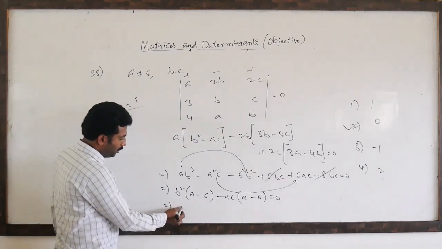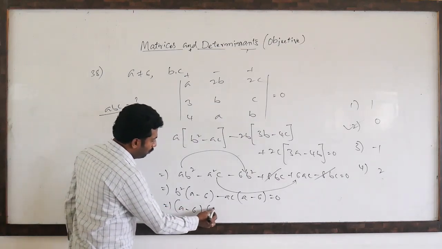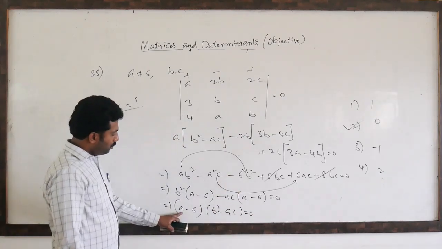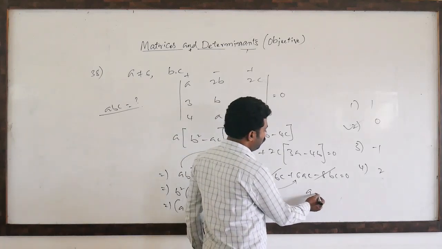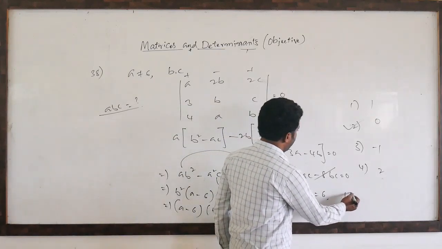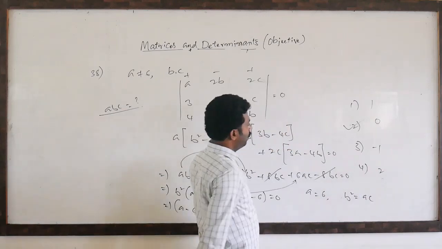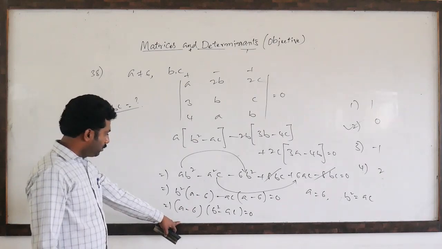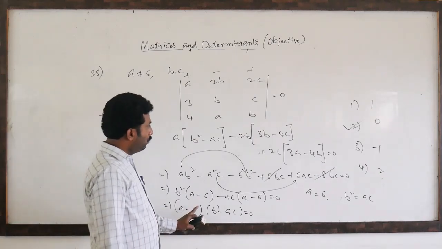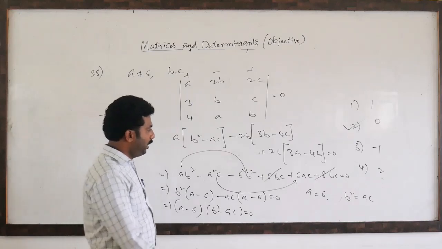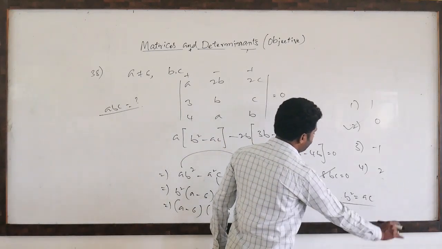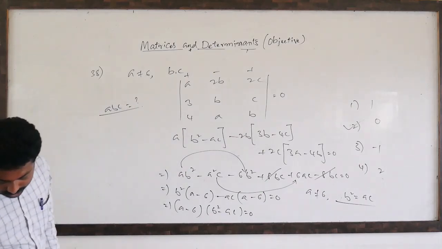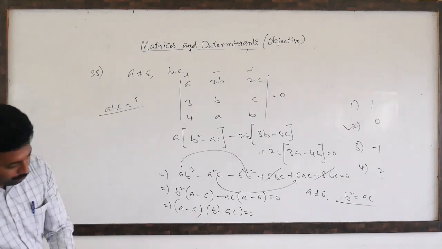So from this, a minus 6 into b square minus ac equal to 0. So either a equal to 6 or b square equal to ac. So finally, a is not equal to 6, which means b square must be ac. So b square must be ac, and they are asking the abc value.